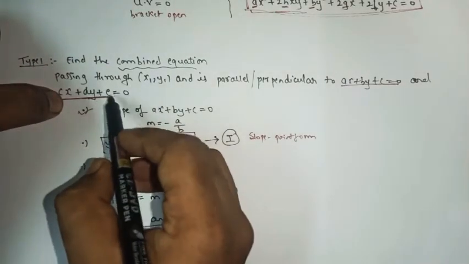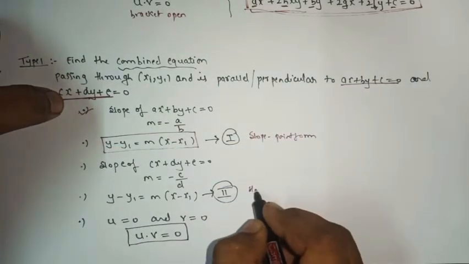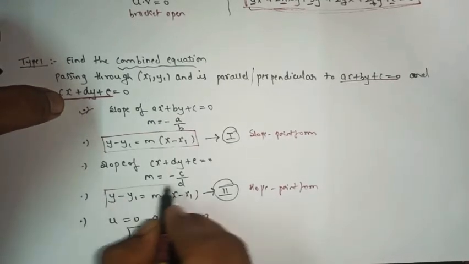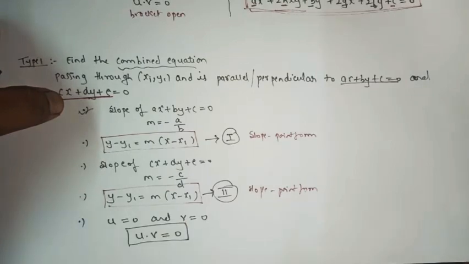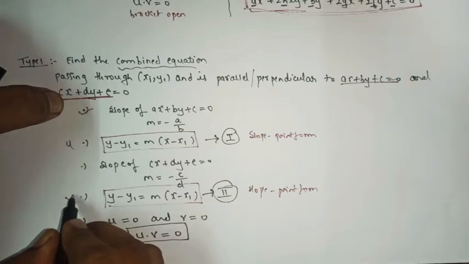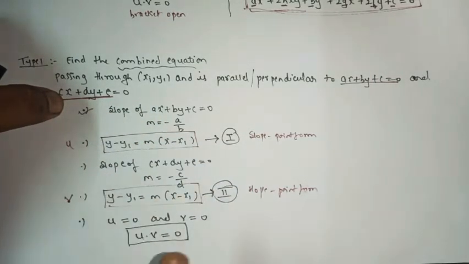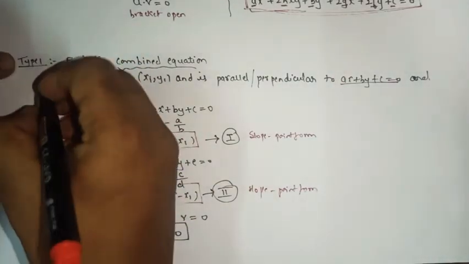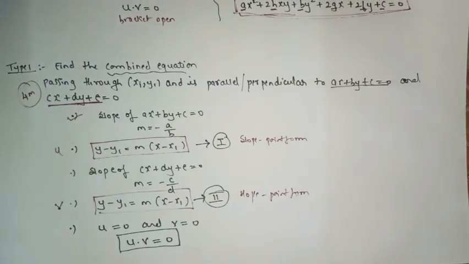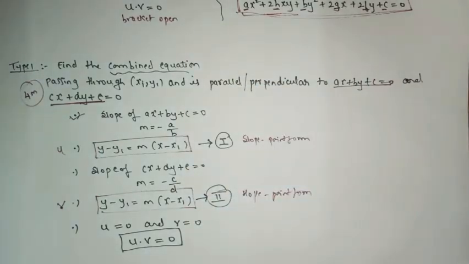We have the point, so now apply slope-point form between these two, and here you will get a second equation. We'll consider the first equation as u and the second as v. We'll combine these two equations, then only you will get a combined equation. It is a very important sum, a proper 4-mark sum. These are the steps which you have to follow.